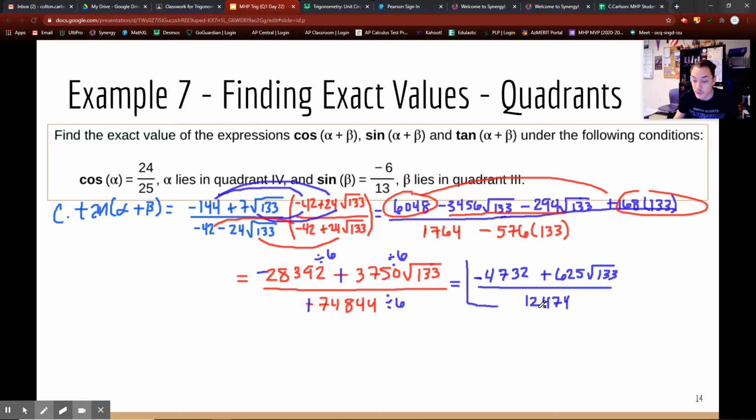And I don't think you can do anything more with that, because I think the next one is 2. You can only multiply it by 2 here. And of course, you can't divide it by 2 here, and you can't divide 625 by 2. So that is my final answer.